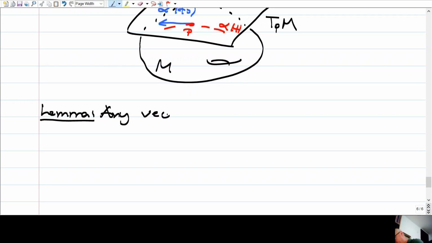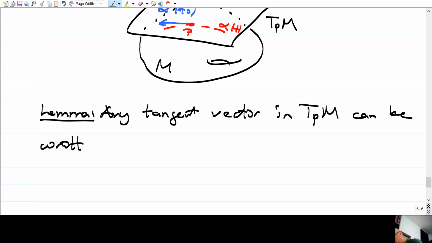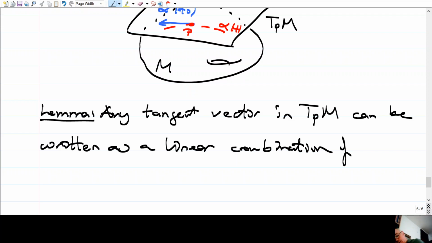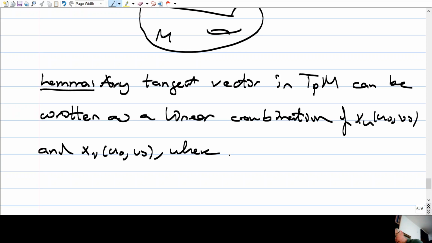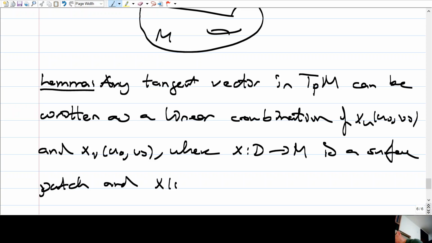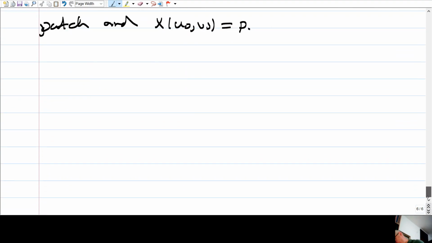Any tangent vector in the tangent space T_P M can be written as a linear combination of x sub u at (u0, v0) and x sub v at (u0, v0), where x is a surface patch and x of (u0, v0) is the point P.